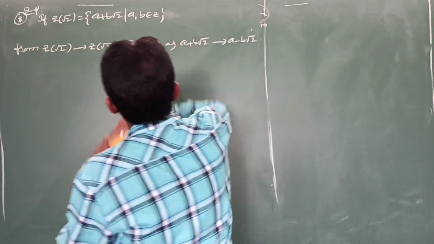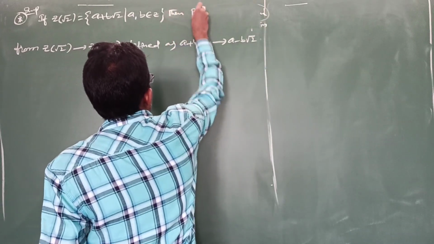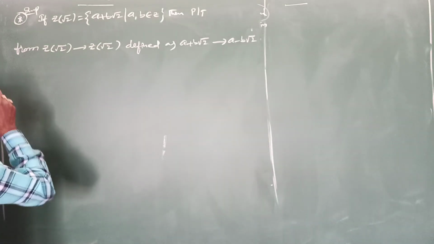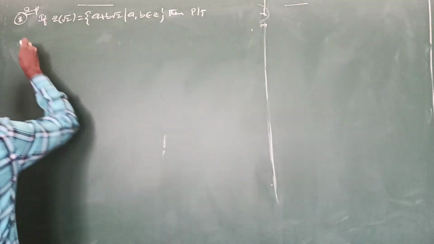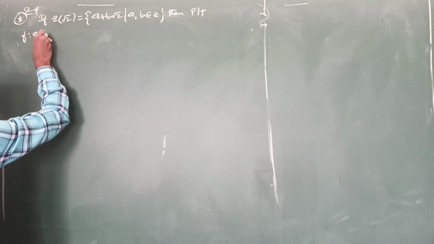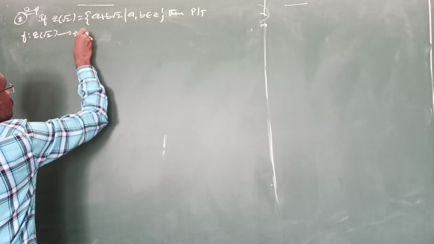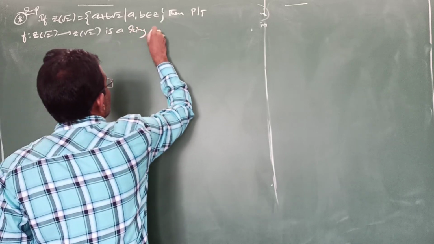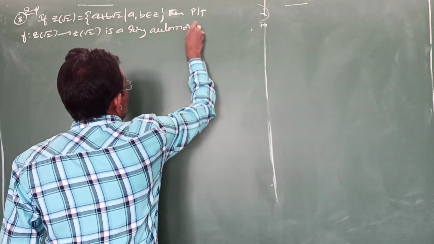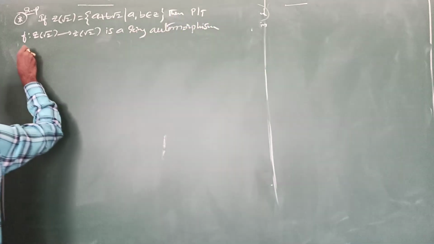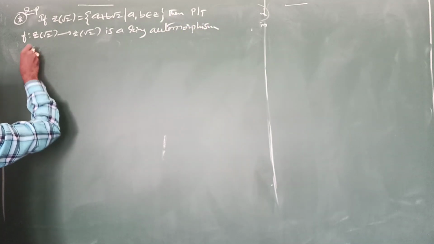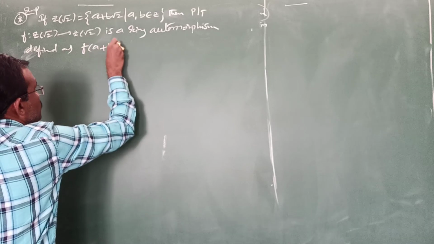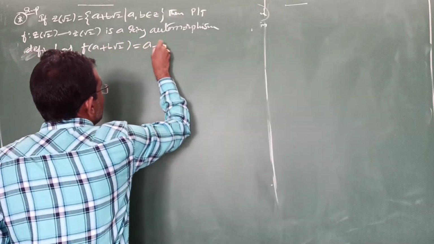Clearly I am writing. If Z root 2 is equal to this, then prove that f is mapping from Z root 2 to Z root 2 is a ring automorphism, defined as f of a plus b into root 2 is equal to a minus b into root 2.